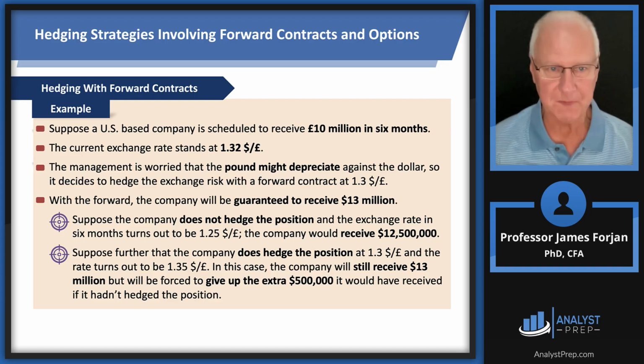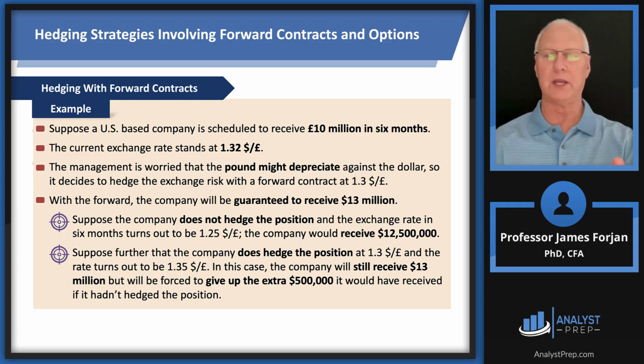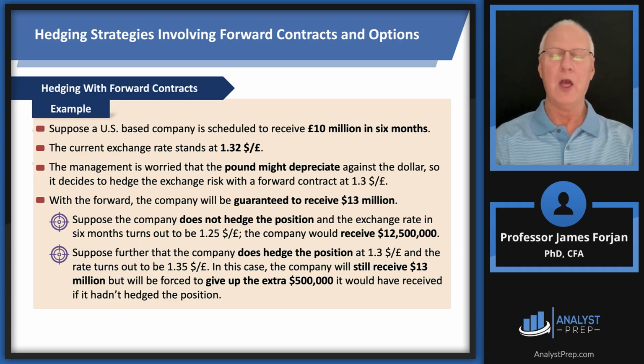$1.3 per pound. Now, let me say something really quickly about that. Where did we come up with that 1.32? Well, those depended on current supply and demand conditions of the US dollar and the British pound.